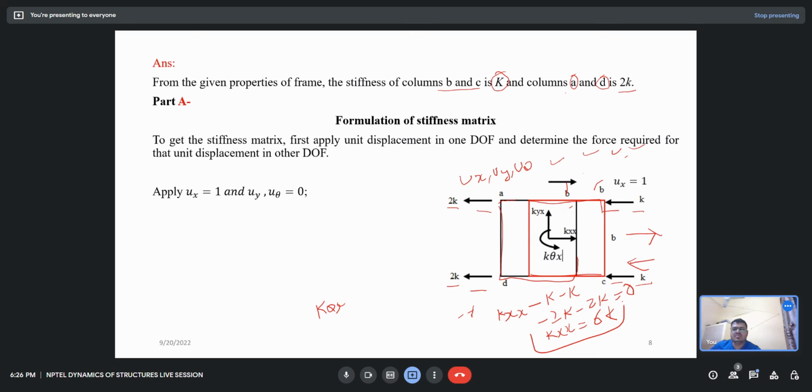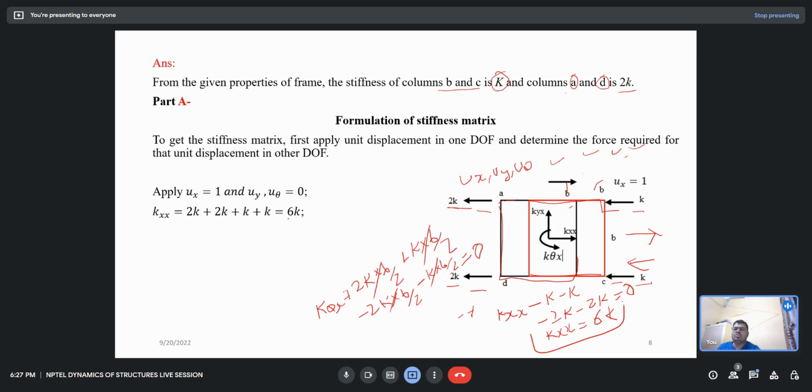So that would be 2k into this distance, b by 2, plus k into b by 2 in one direction. So that would be 2k into b by 2 minus k into b by 2 is equal to 0. So these cancel out each other, and that will become 0.